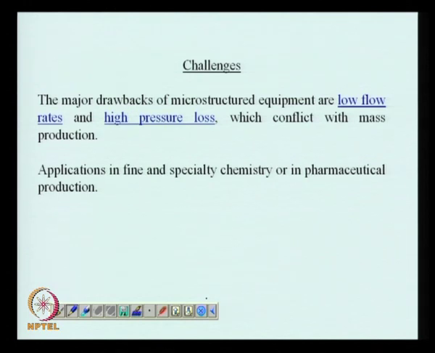Since we cannot make large quantities of something in such devices, the materials which are fit for production in such devices would be fine and specialty chemicals, which are otherwise difficult to make, where it is highly exothermic, where there are undesirable side reactions which need to be curtailed, and where the final product is very costly and needs to be prepared in small quantities only.